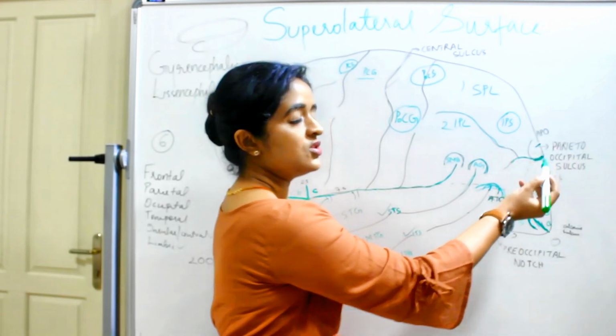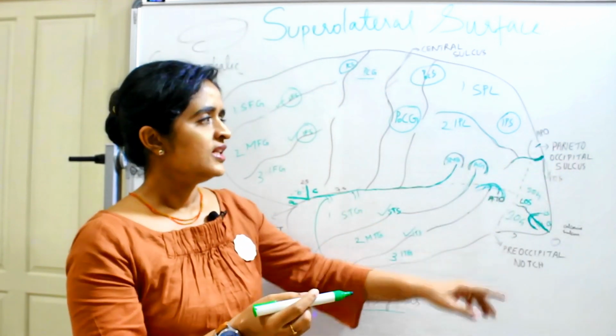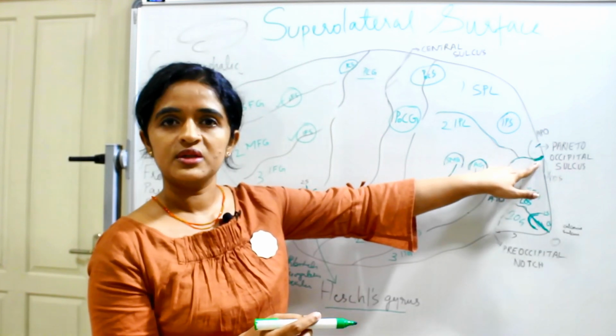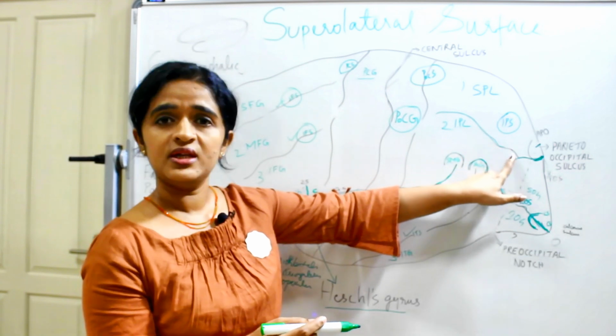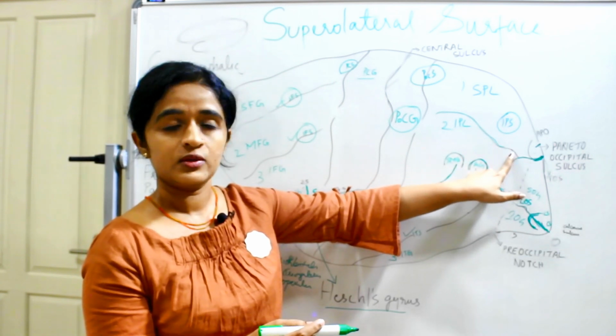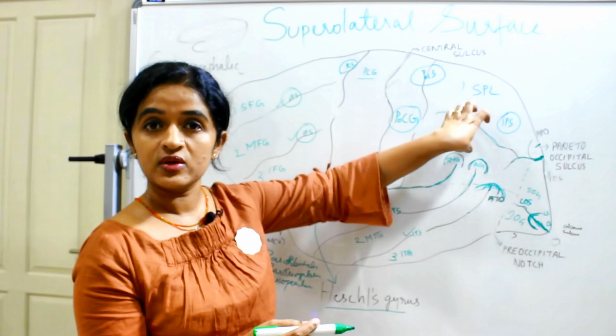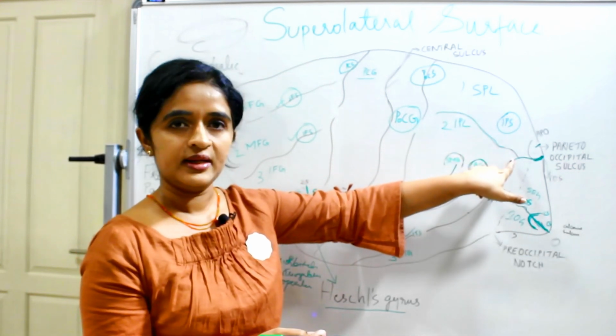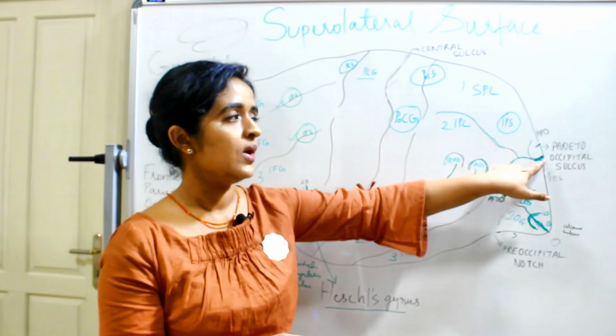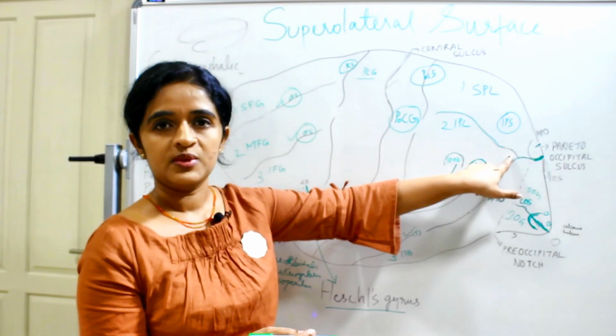The importance of this transverse occipital sulcus is that it usually meets the intraparietal sulcus. We have seen only one horizontally running sulcus in the parietal lobe, the intraparietal sulcus, and this sulcus will go and meet the transverse occipital sulcus.